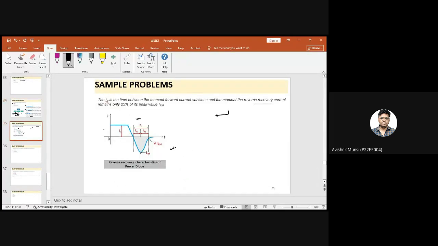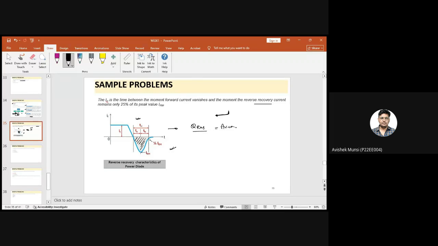In here, see, we have to calculate. There are some formulas you can use to calculate the reverse recovery charge from here. So if you see here, the area under this curve is the reverse recovery charge actually.